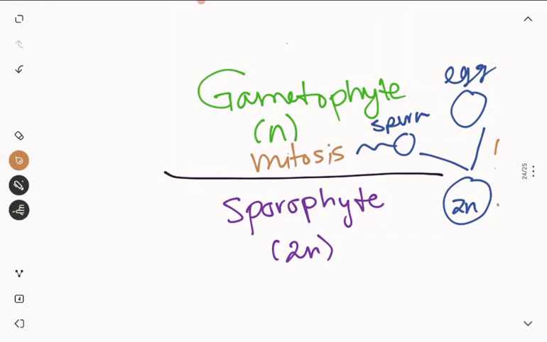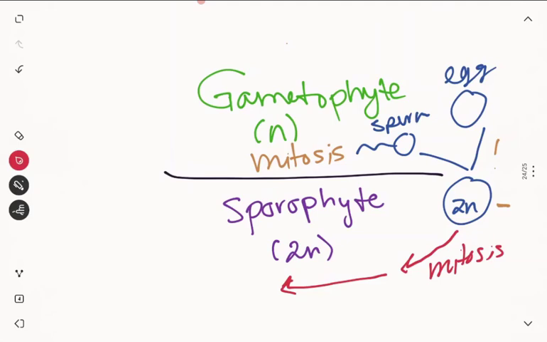This is the beginning. The single-celled zygote right here is the beginning of the sporophyte stage. This single-celled diploid zygote then goes through mitosis to produce the sporophyte life cycle stage, which is usually multicellular and looks different in different types of plants, but it'll be multicellular.